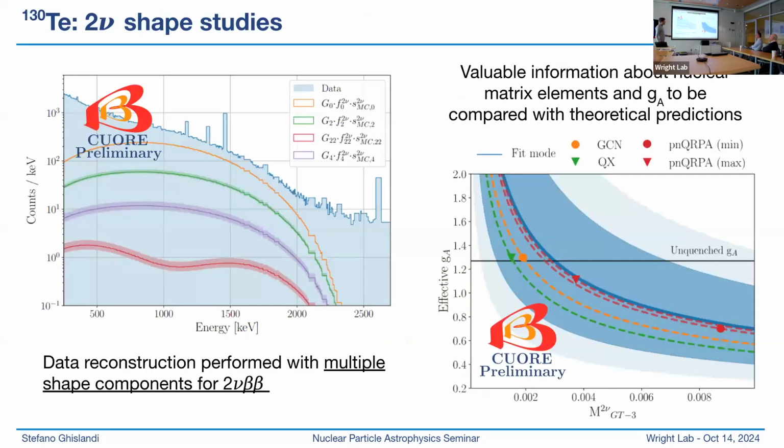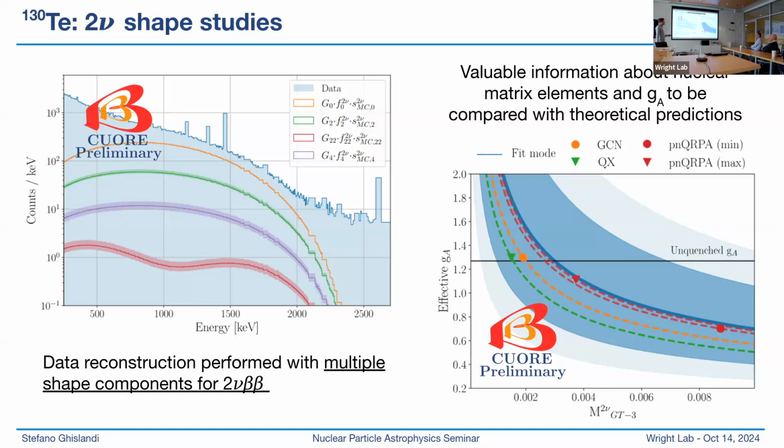And so the uncertainties are quite high, but the good news is that if this is compared with the theoretical predictions of different models, these two are coming from the Shell model, and these others are from QRPA, the quasiparticle random phase approximation, all the predictions are compatible with the data we are measuring.